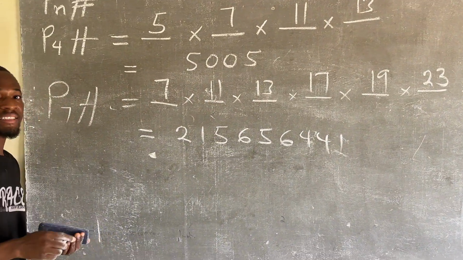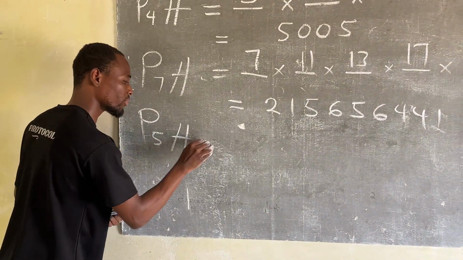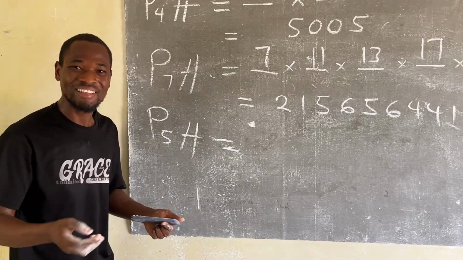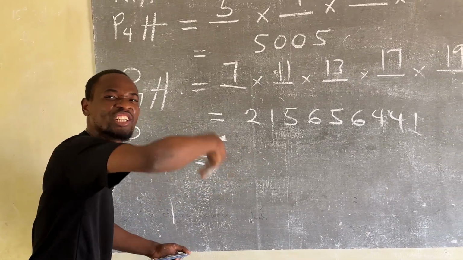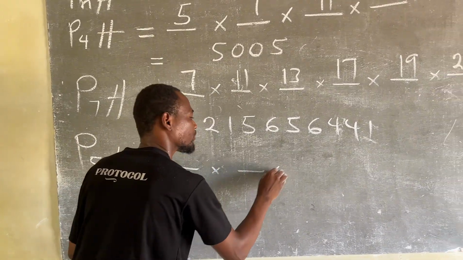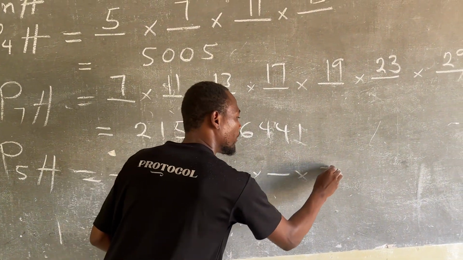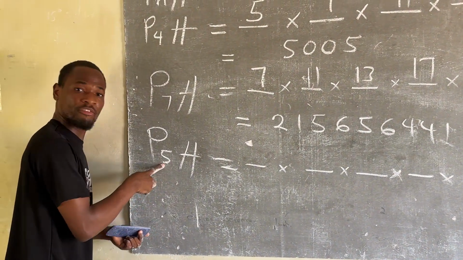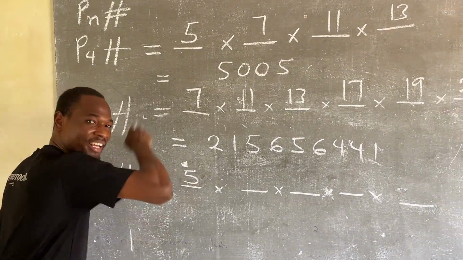So the last example. Primorial of 5 this way is given by, how many numbers would I be multiplying? 5 numbers, because of this, in the ascending order, in the increasing order. So I have my first number, my second number, my third number, my fourth number, and my fifth number. Is 5 a prime number? Yes. So I'll start from 5 times the next prime number.